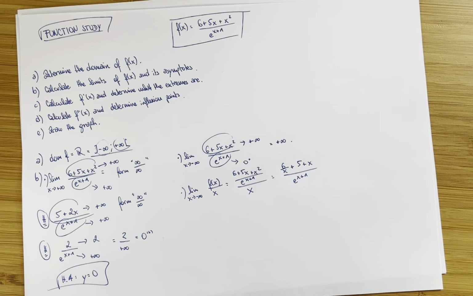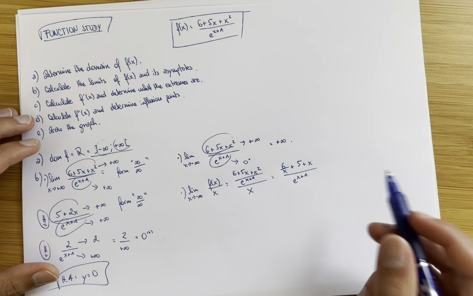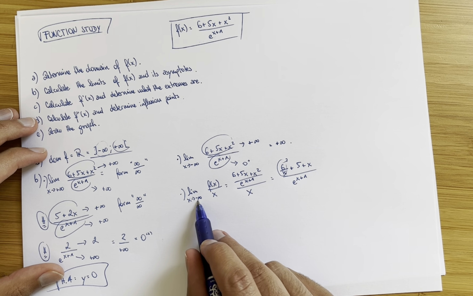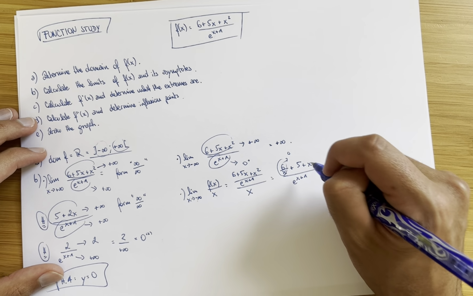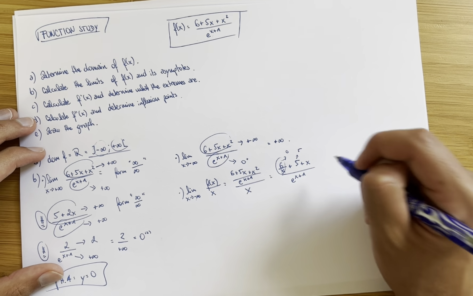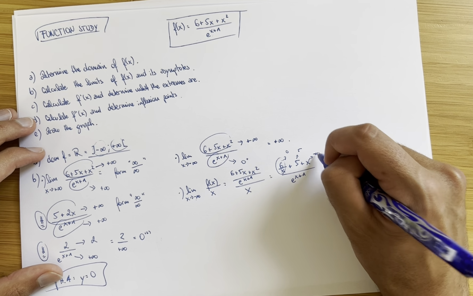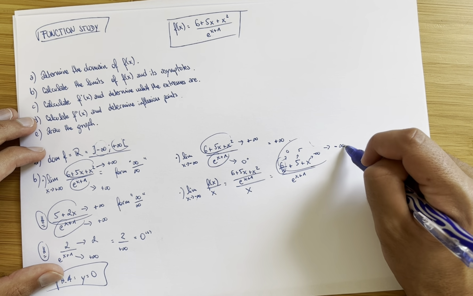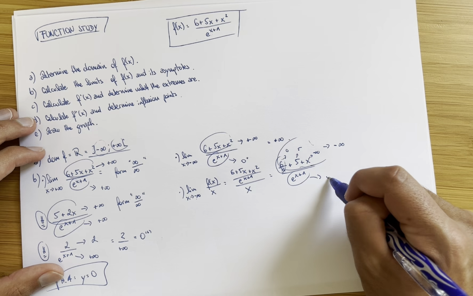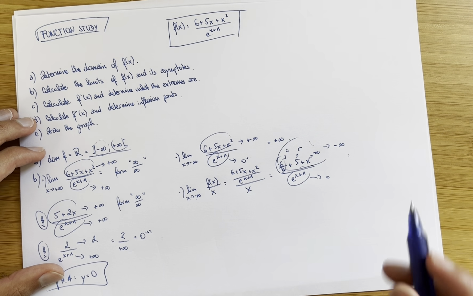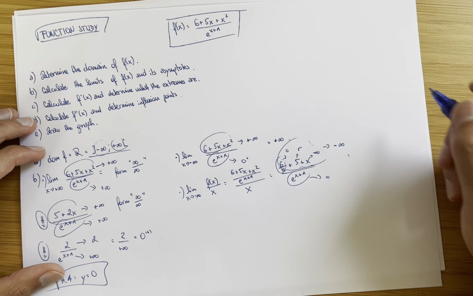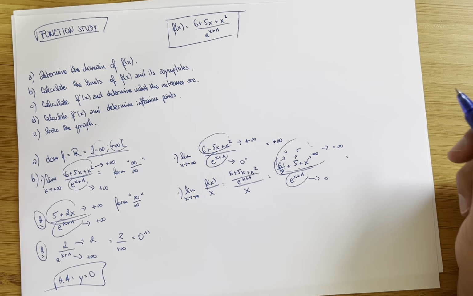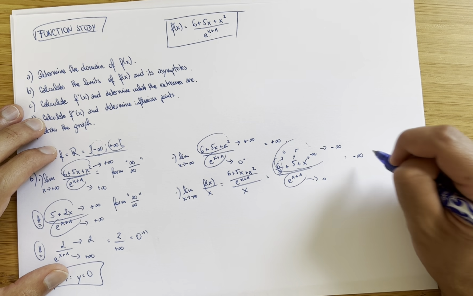Now what we have to do is, once again, calculate. If we have 6 divided by minus infinity, this equals 0. 5 obviously equals 5, and x equals minus infinity. So all of this will be minus infinity, and this will be 0. So we have once again minus infinity divided by 0 equals, well, no secret there, minus infinity.